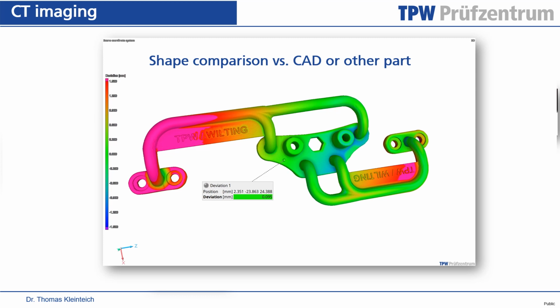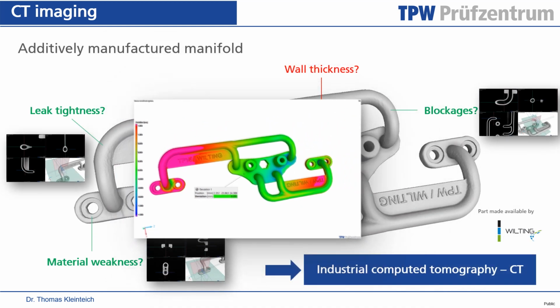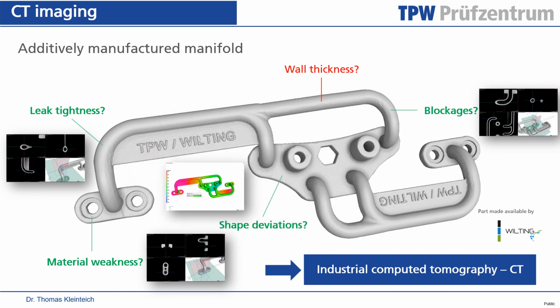So it's very straightforward to compare this against the CAD file and to visualize these deviations by using false color coding. So you can also take the shape deviations from your list of things to check.